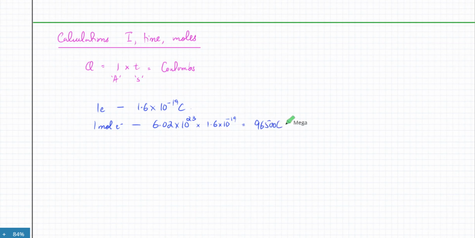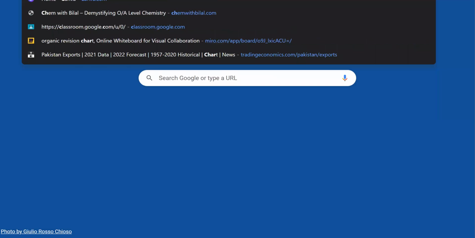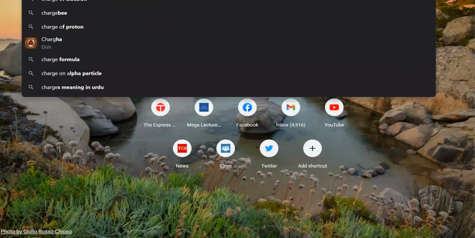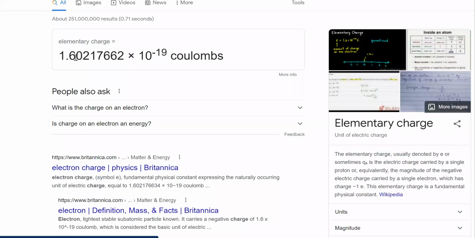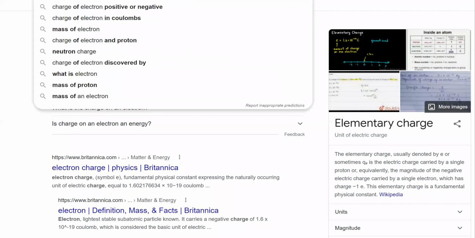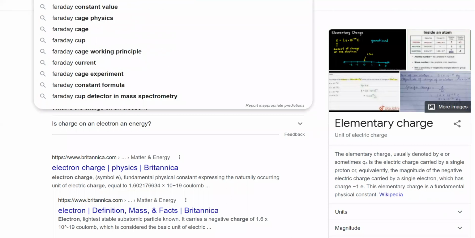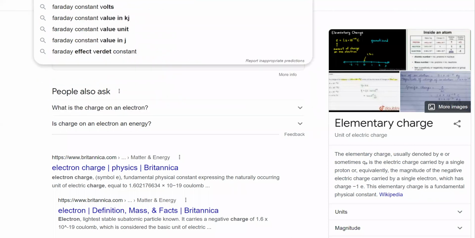Although these are approximate values, like all of these are rounded values. For example, the charge on an electron is not exactly 1.6. If I just Google the charge on an electron, it's 1.60217, so it's got lots of numbers next to it. Similarly, the Faraday, I just wanted to see the exact value.